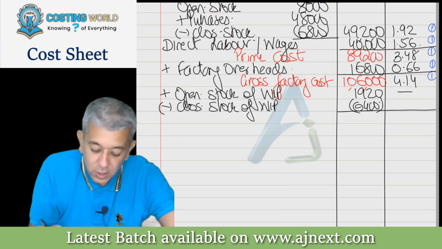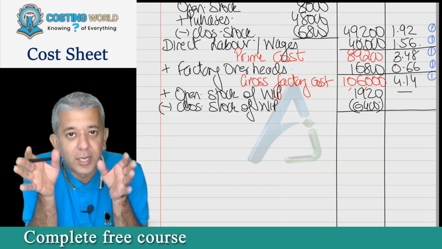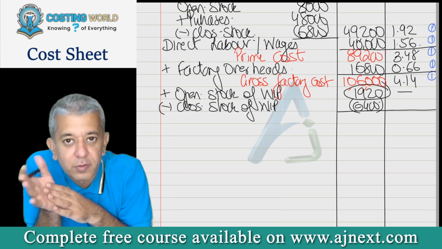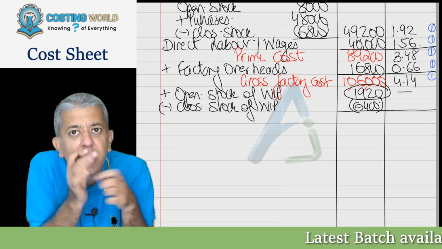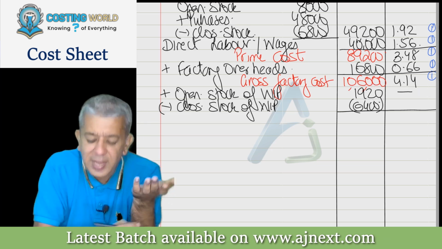Okay, listen now. So, I do not have opening WIP quantity. Technically, this figure is opening stock of WIP cost. I should divide it by opening stock of WIP quantity to get per unit figure. Of course, we do not have that particular thing.